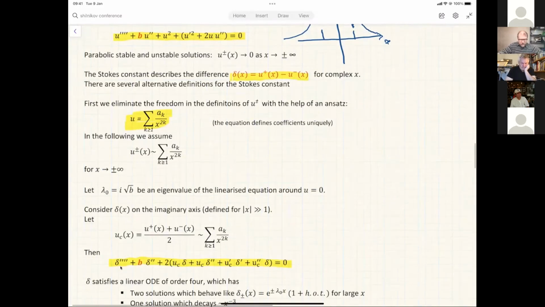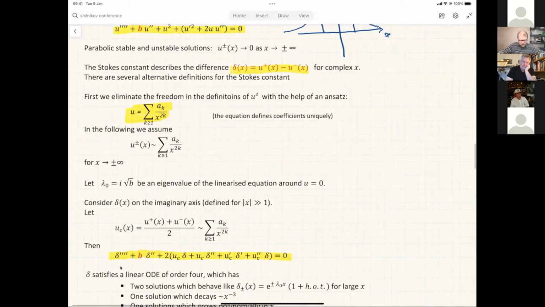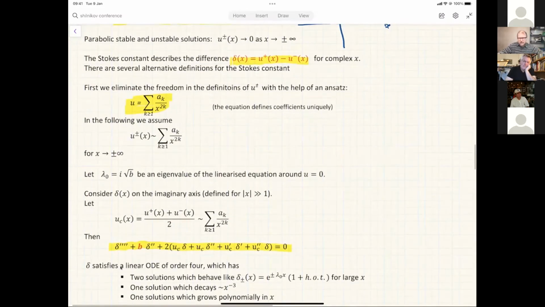And we can establish that this equation of order 4, of course, has 4 independent solutions. 2 of them oscillate like the linear part of the equation prescribes. 1 solution decays as x to the power minus 3. And 1 solution may grow polynomially in x.